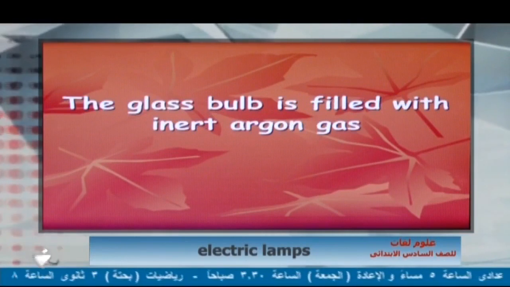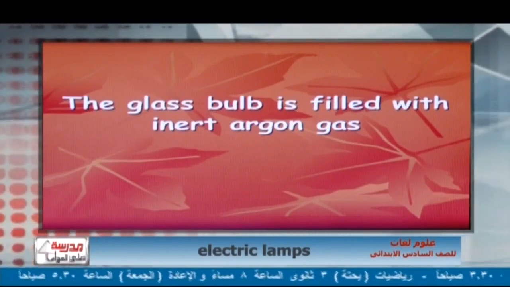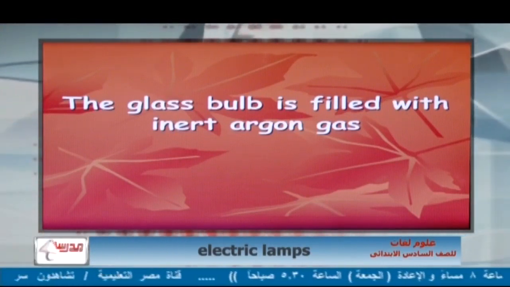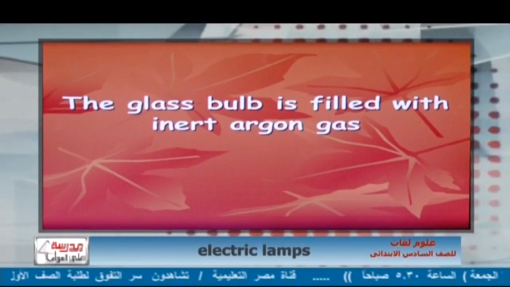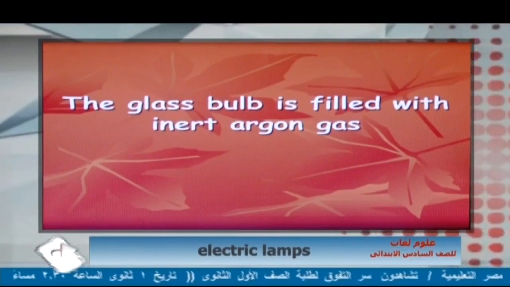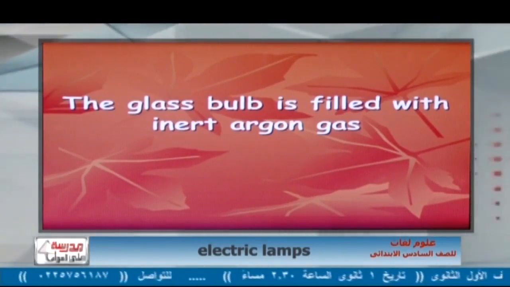Another question. The glass bulb is filled with inert argon gas. Why do we fill the glass bulb with argon gas, and not any other gas such as oxygen, or even normal air? No, of course not, it's impossible.